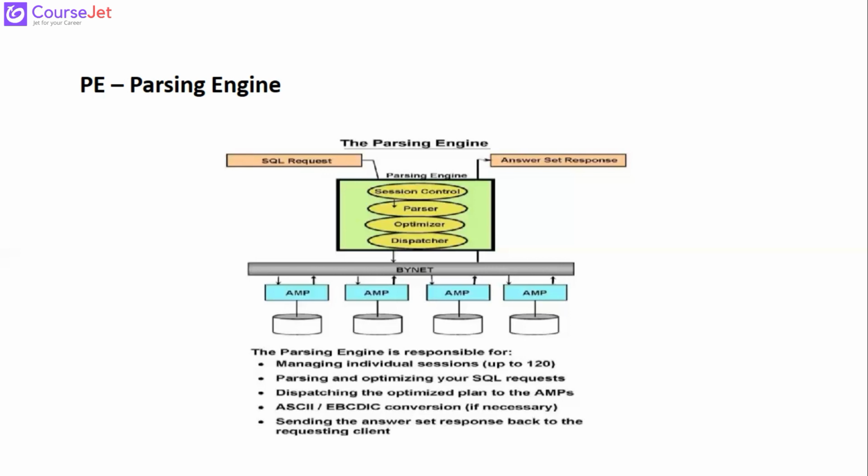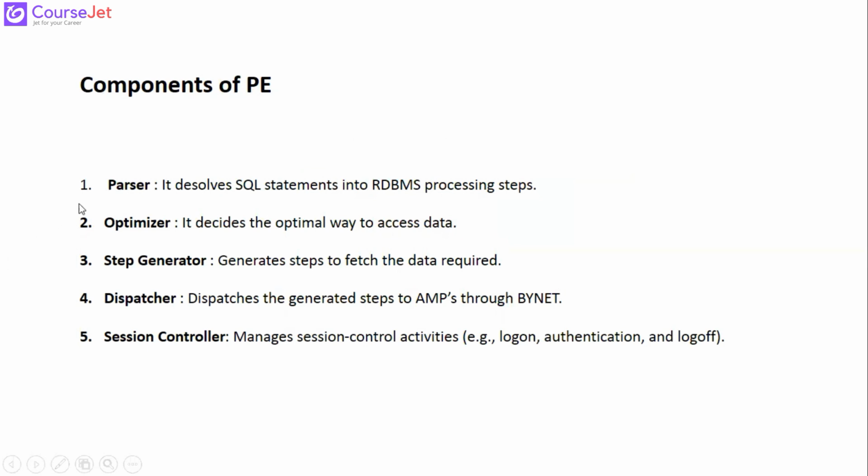First, let's see the components the PE has. The first one is the parser. It will break the SQL statement into RDBMS processing steps. Suppose you run a select star, that is a SQL statement. The parser will break up the SQL statement and write it in a format which the system can understand.